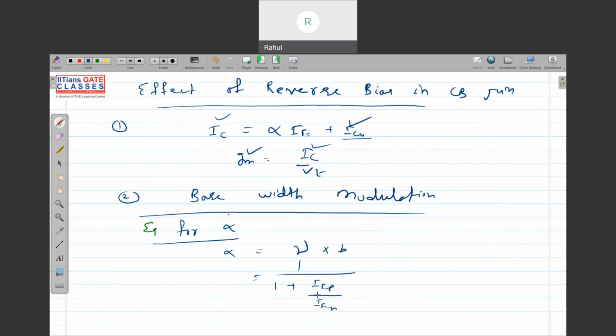This is my emitter injection efficiency, into the base transport factor, which is nothing but 1 minus the recombination current divided by the current injected from the emitter, IEP. This thing we already discussed. So now we will derive an expression for IEN by IEP.